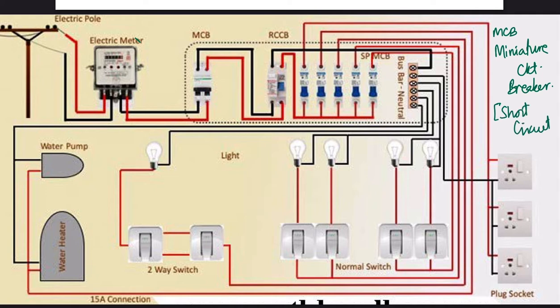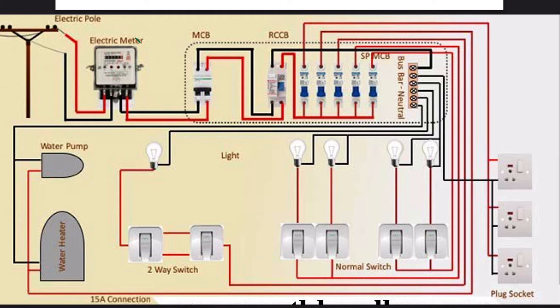By short circuit, we mean a condition when the live and the neutral wires join and excess amount of current flows through the circuit. The next part after the MCB is the RCCB, or the residual current circuit breaker.